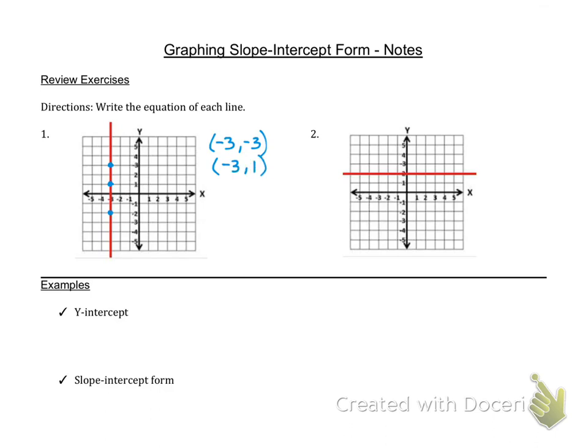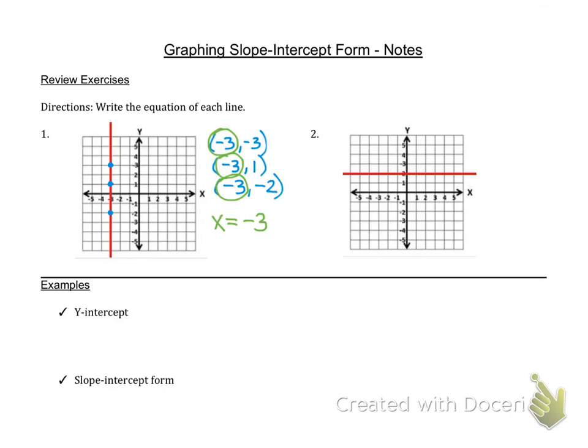And we have -3, -2. And so you can see all the x values are -3. So my equation of the line is going to be x equals -3. Or you could have used the trick knowing that it's a vertical line. It's always going to be x equals and then -3.